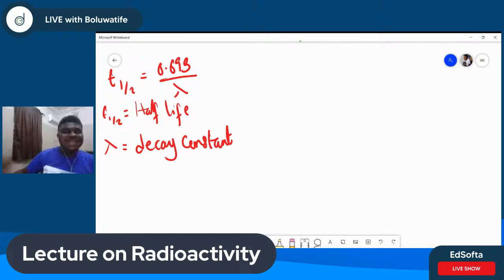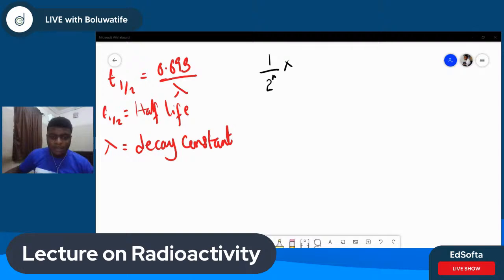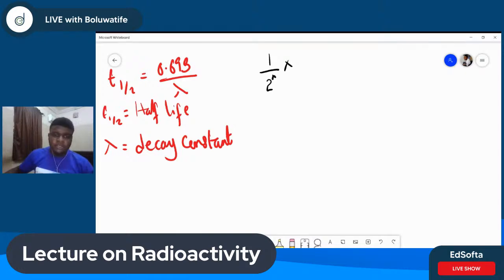The percentage is equal to 1 over 2 raised to the power n, times 100. That is the same as 100 over 2 raised to the power n. Straightforward.